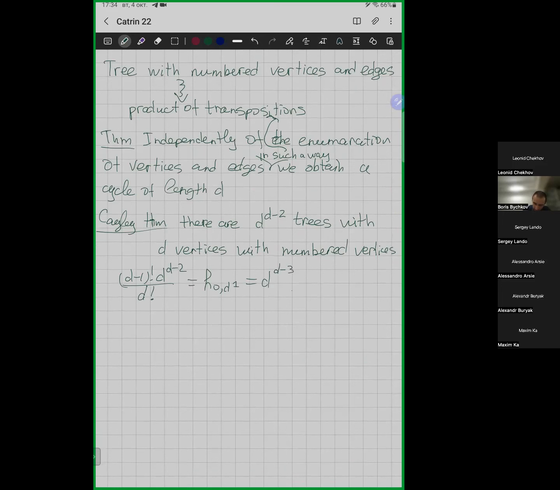I hope I'm right here. So it's a nice example of how you can count Hurwitz numbers by hand. It's not always integers, it's rational numbers, but nevertheless.